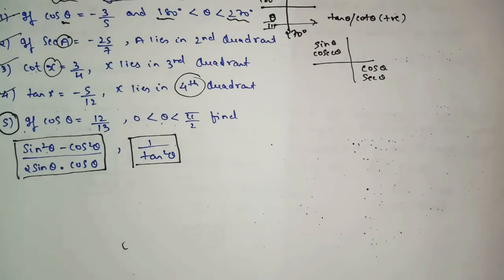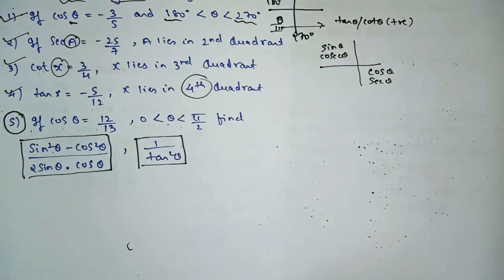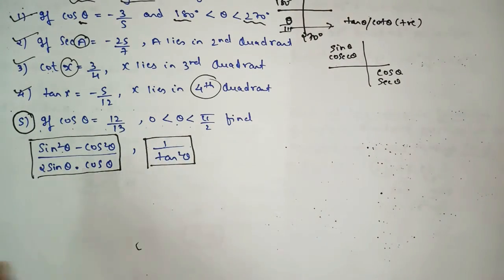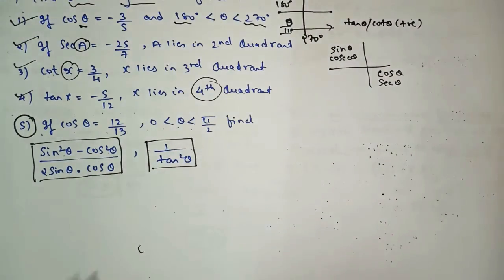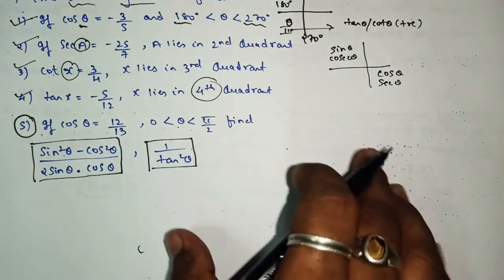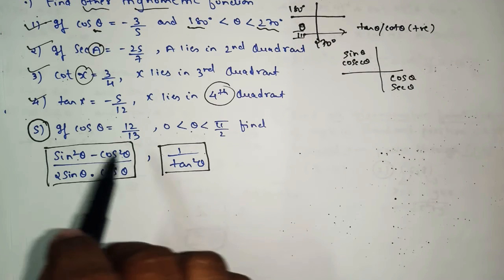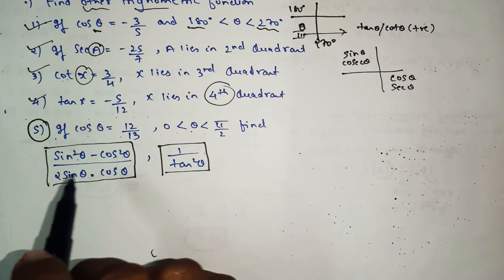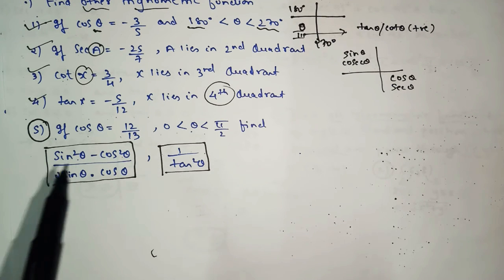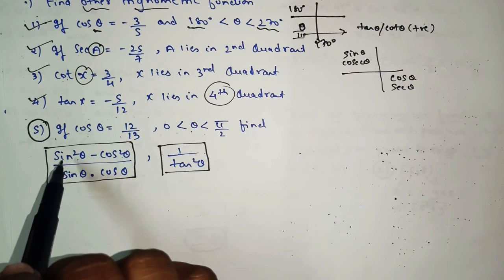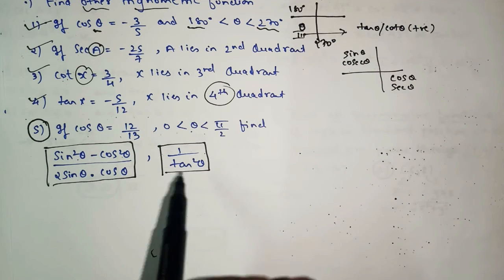Okay, so out of these 5 sums, the first 4 sums were similar. The last one is also similar; the only change in question number 5 is that, instead of finding all the trigonometric functions, you simply have to find this pattern. In the pattern, you just have to see what values are there. Here we can clearly see that for this pattern we have sine and cos, and for this pattern we have tan.